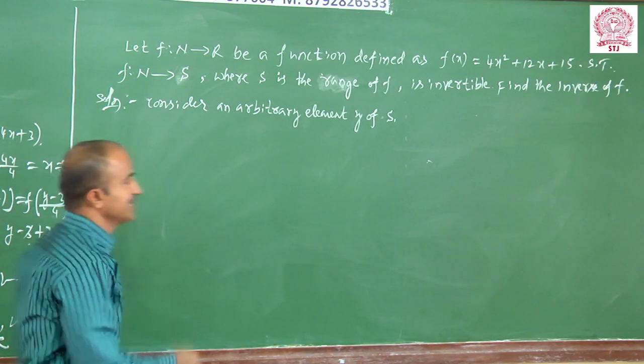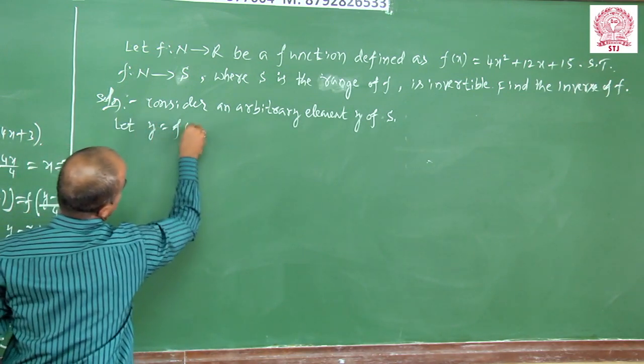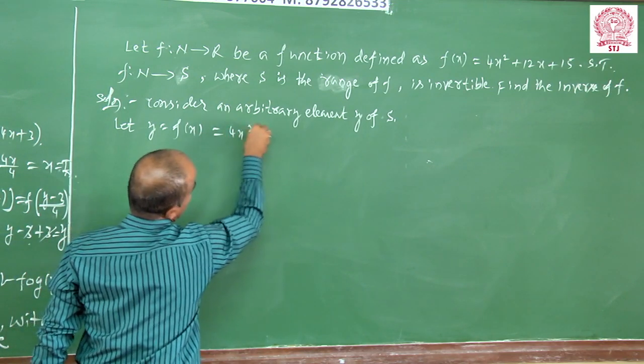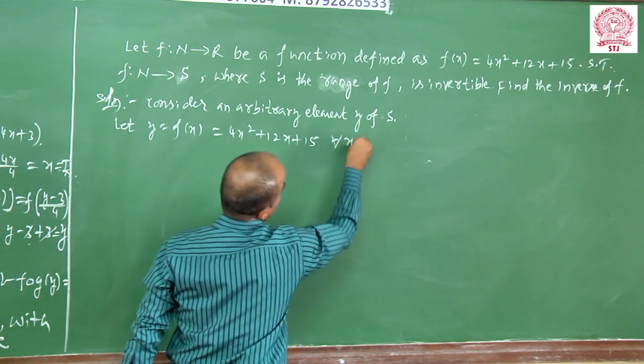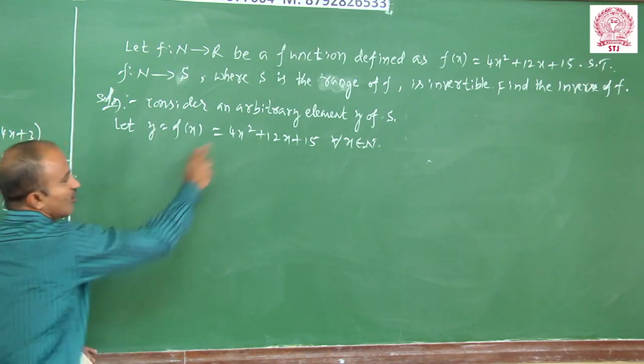Consider an arbitrary element y of S. Let y equals f of x, where f of x is 4x square plus 12x plus 15 for all x belongs to natural numbers. Now solve for x.